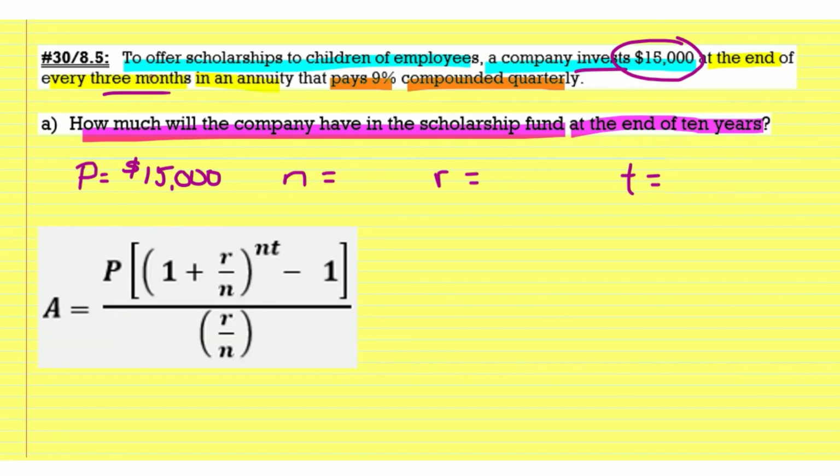Every 3 months also means quarterly, and quarterly means 4 times a year. So my N number is going to be 4.